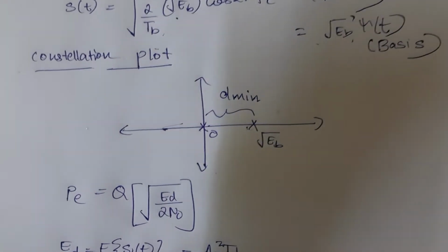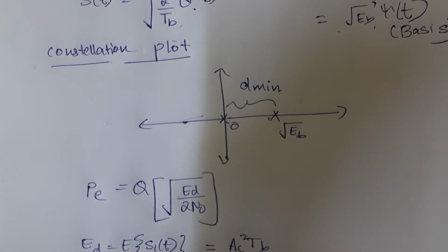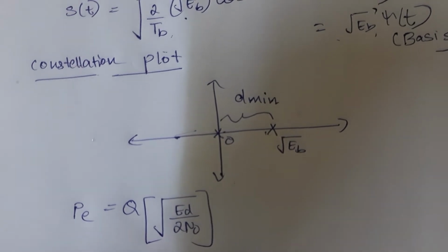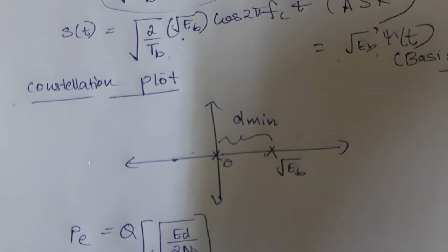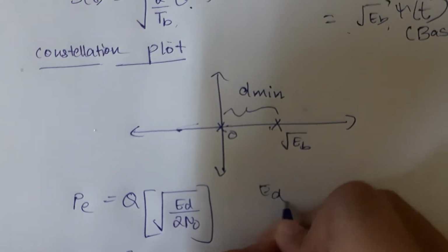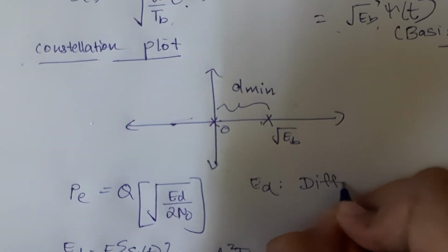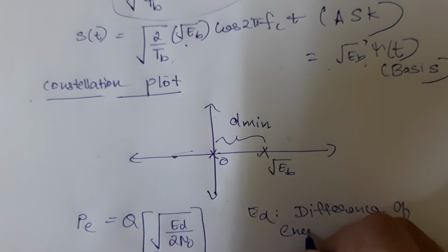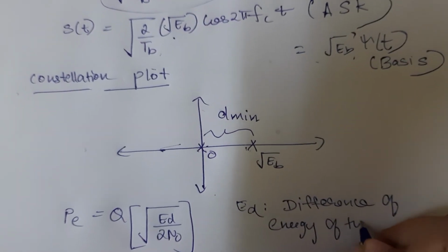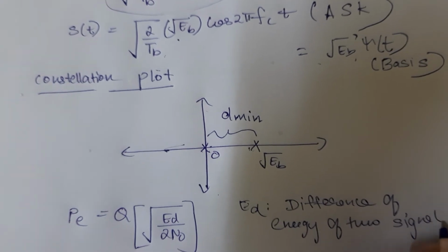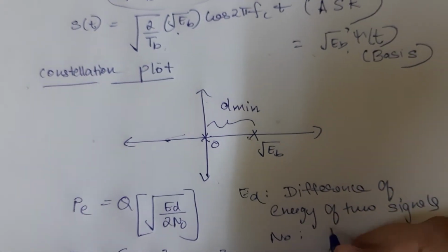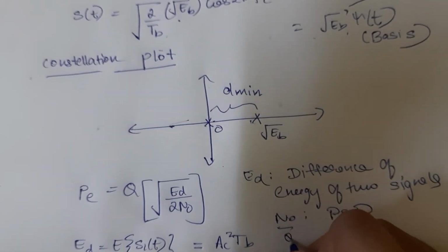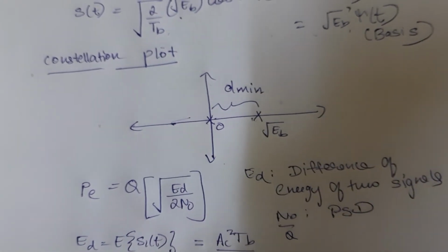The general expression for probability of error in digital communication is PE is equal to Q function of root ED by 2 N naught, where ED is the difference of energy of two signals, and N naught is the power spectral density. In general it is N naught by 2. So if you need N naught, you multiply the value into 2.